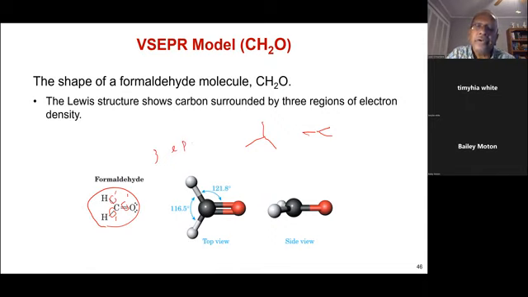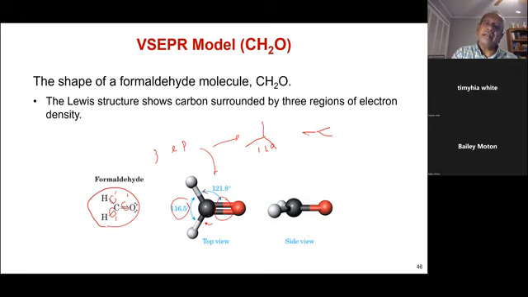3 electron pairs distribute equally in space, producing 120. This one is a little less than 120, because this double bond electron pair is a little stronger. It has more electrons, so it pushes them further.